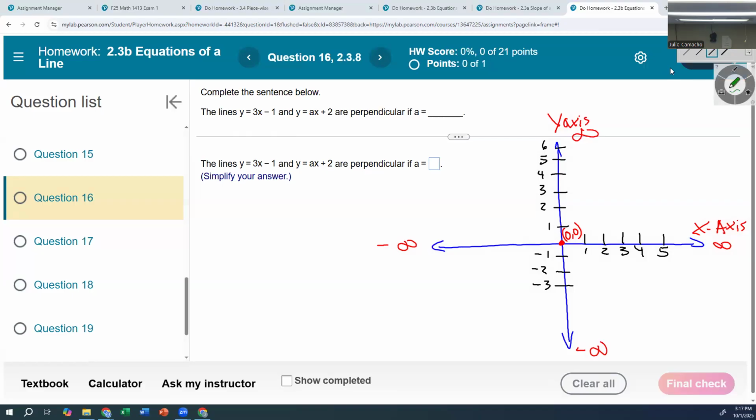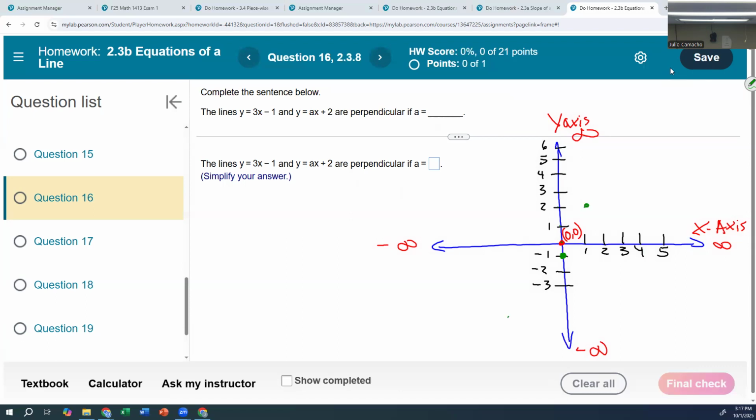And they say that the equation of the first line is y is equal to 3x minus 1. So your y-intercept is minus 1 and it's a positive slope. So it's going up, and it's 3 over 1. You go 1, 2, 3 over 1. That is your next point.